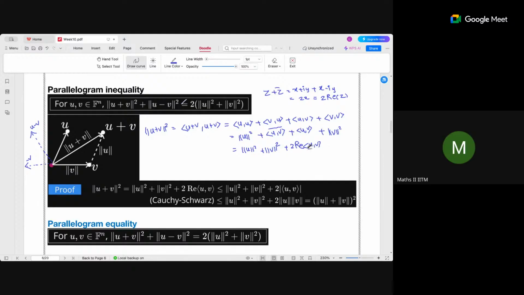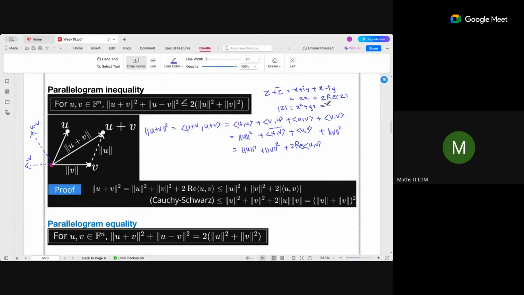And then what is the relation between the real part of inner product u comma v and the modulus? The same thing. What is mod z? Mod z is the square root of x square plus y square, right? So you can see that real part of z is x, so x is obviously less than or equal to modulus of z. Is that clear?